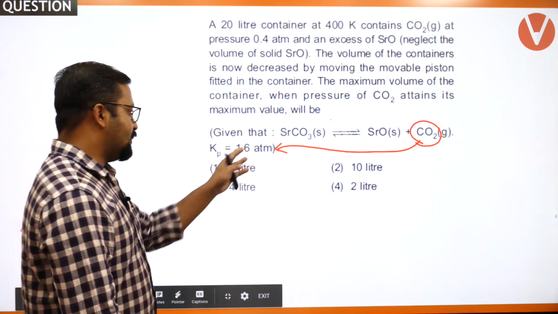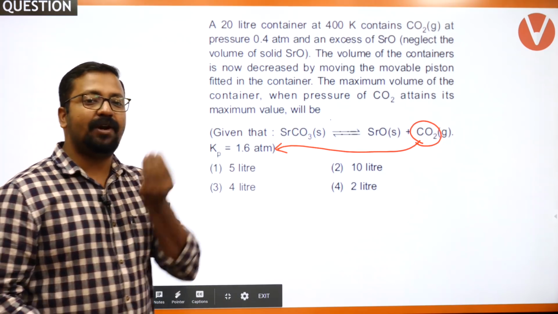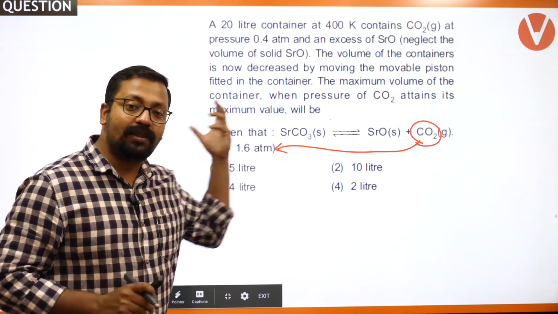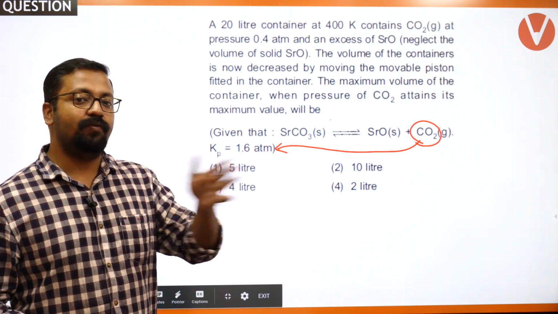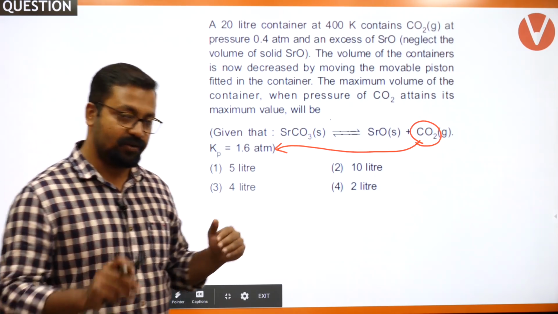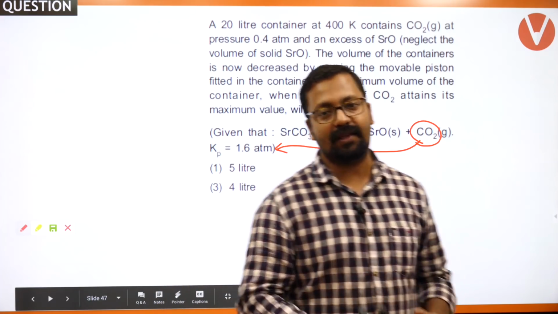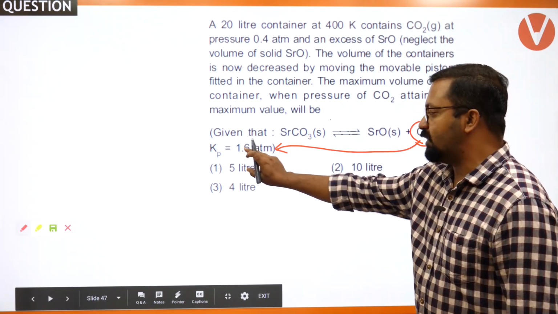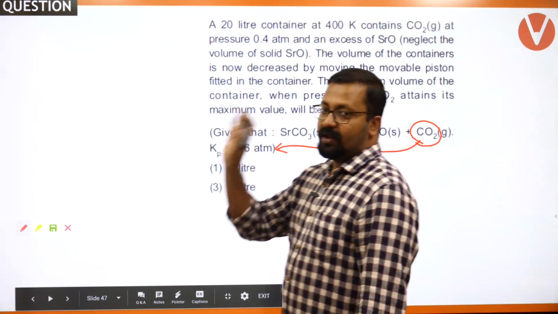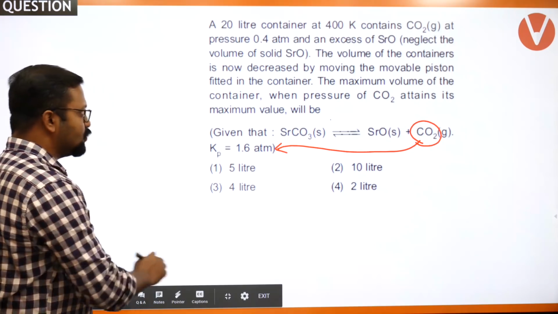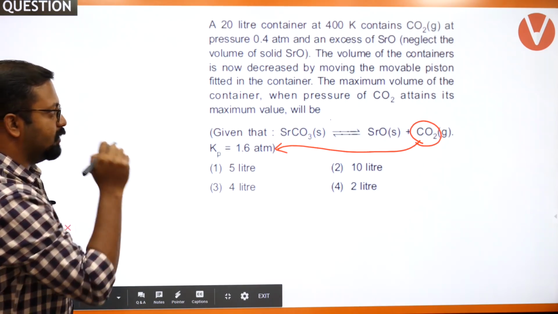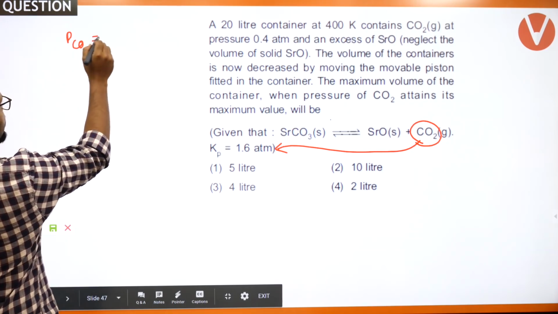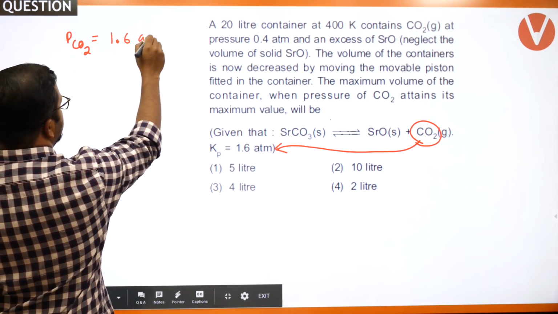Because if you try to form 1.7, then it will be a value more than this, and the reaction will move in the backward direction. You know that if Q is more than K, the reaction moves in the backward direction. So maximum cannot be more than this value. So the pressure of CO2, if it attains the maximum value, will be 1.6 atm.